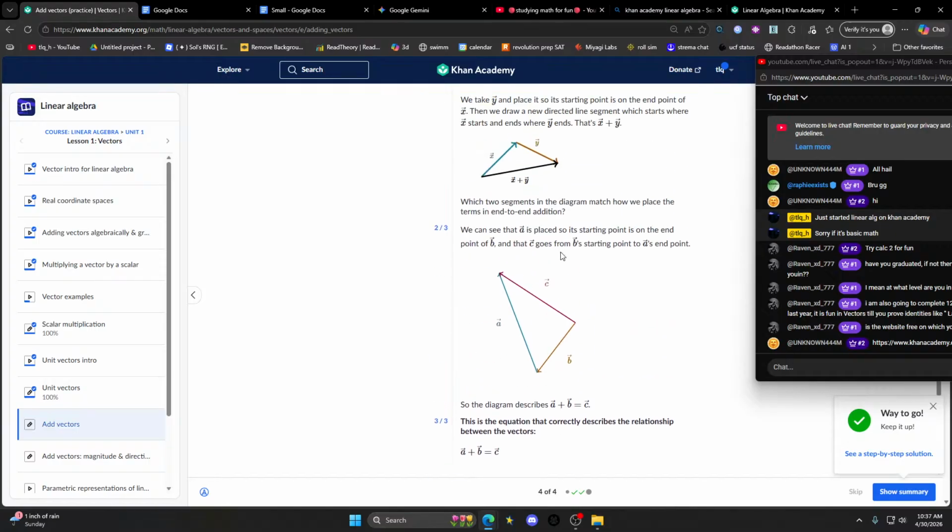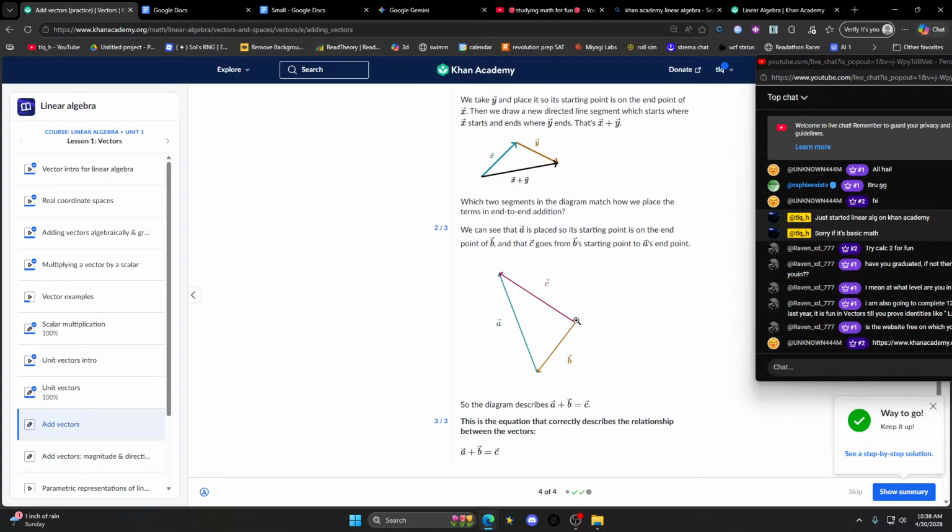Oh, wait, no, wait. Okay, I see the difference. Wait, so these both have tails, that's why. I thought that. Oh, no, I see now.